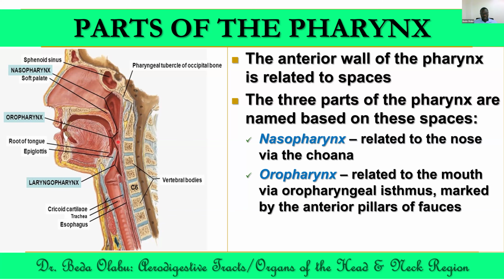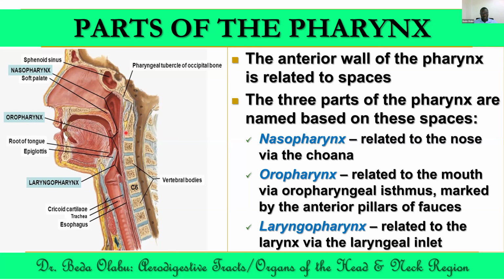The junction between the oropharynx and the oral cavity is what we call the oropharyngeal isthmus, which is marked by a structure we call the anterior pillars of fauces, located somewhere here, formed by a fold, the impression of a muscle that comes from the palate to the tongue, therefore called the palatoglossus muscle on either side of the oral cavity and oropharynx.